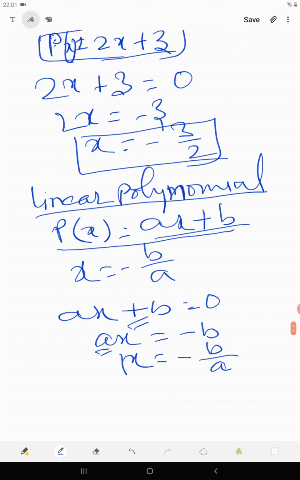So the root for any linear polynomial can be given as minus b by a. Here a and b are the constant terms, like it can be plus 2, minus 2, 0, any integer, or even a real number also, not only integer, sorry for that.